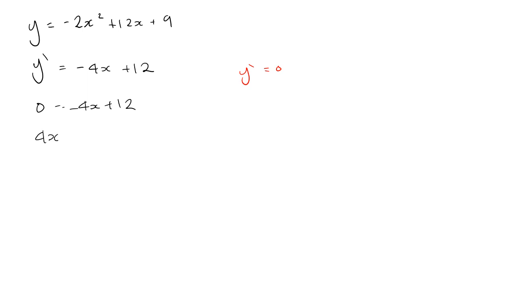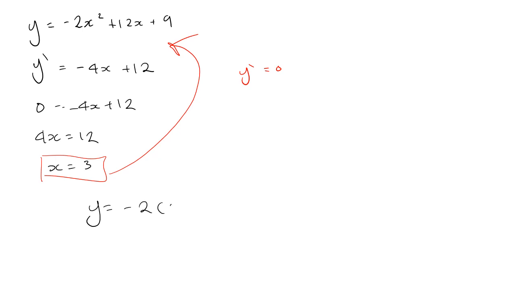Rearrange, we get 4x equals 12 and x equals 3. So the x value of the stationary point is 3. Now we just have to substitute x equals 3 back into the original equation. So we get y equals negative 2 times 3 squared plus 12 times 3 plus 9. And we get negative 2 times 9 plus 12 times 3, which is 36.